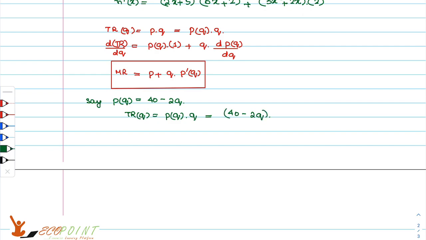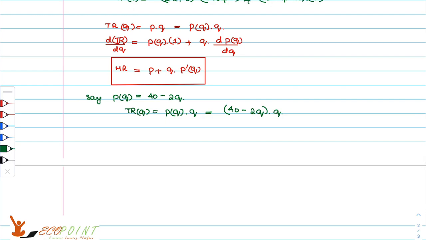Price is what? 40 minus 2Q. TR is what? (40 minus 2Q) into Q. So this guy is the first function. This is the second function.